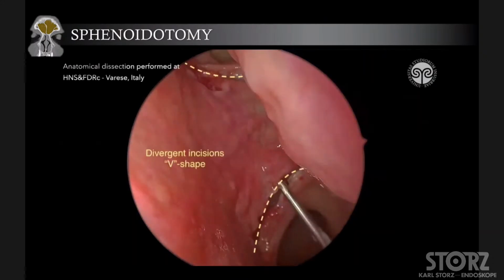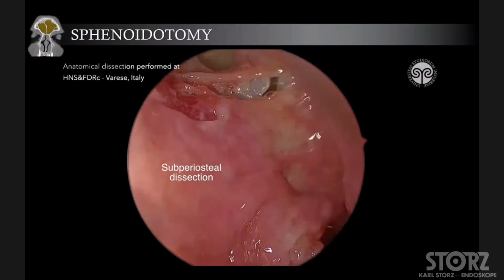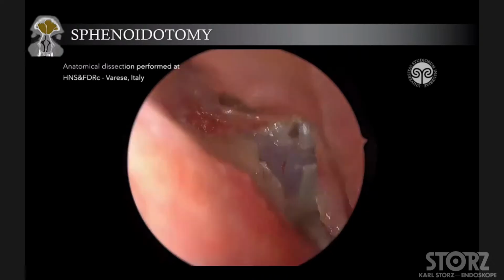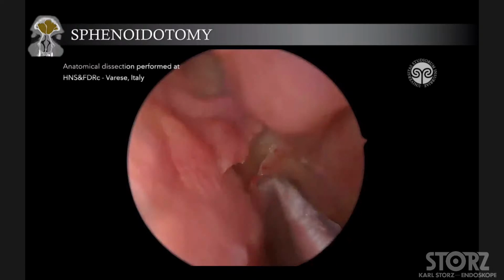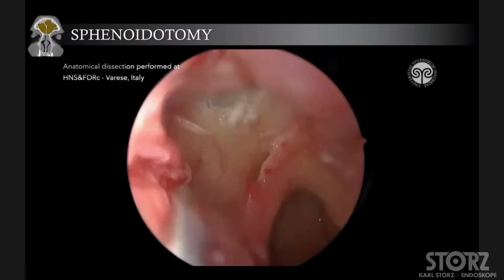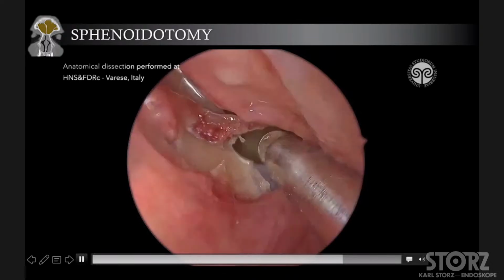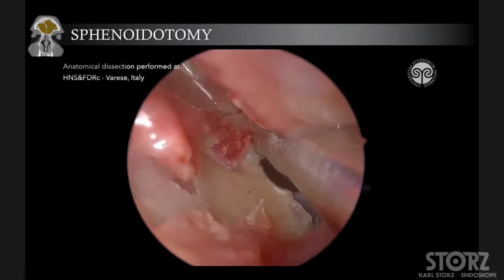You see, divergent incision V-shape in order to elevate the pedicle of the Haddad flap. In this way, you are safe, and you know that you are not damaging the septal branch of the sphenopalatine artery.